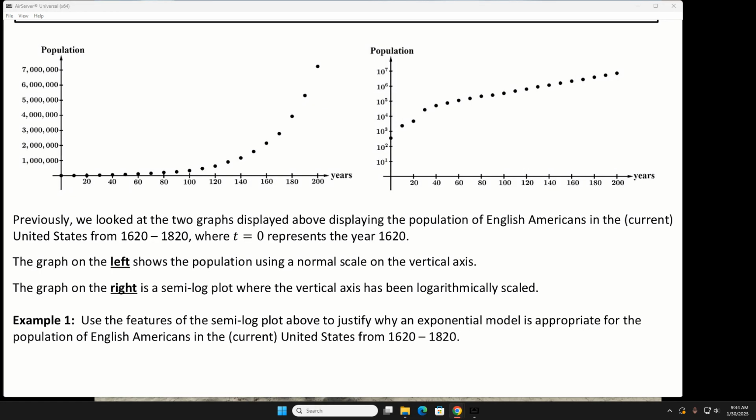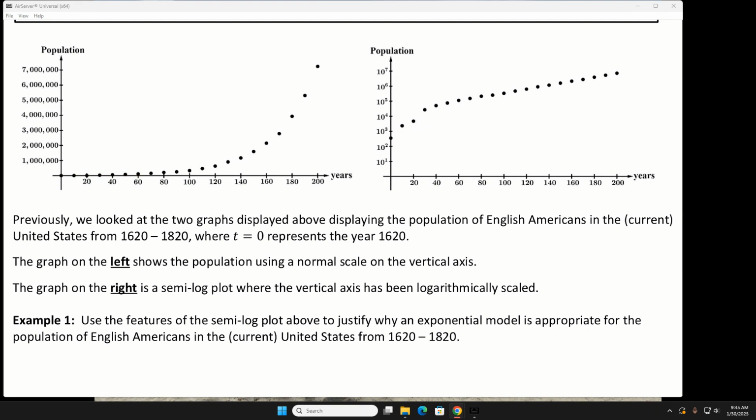1620 to 1820. And if you look at this, it looks like for the first 80 years the population didn't really do much, that it stayed the same. And so what you can do is scale it differently, and you can see that during those first 80 years, the population was actually increasing.